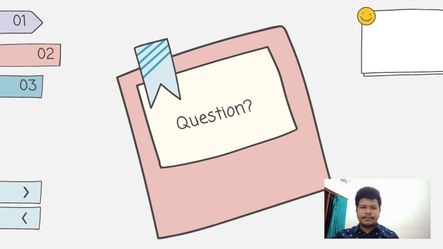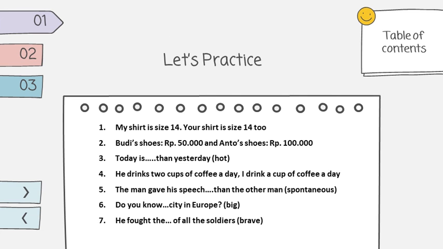Okay, until this point, maybe you want to ask something. Okay guys, if you have no questions, you can ask later, and I will give you some sentences that you have to change into degree of comparison.